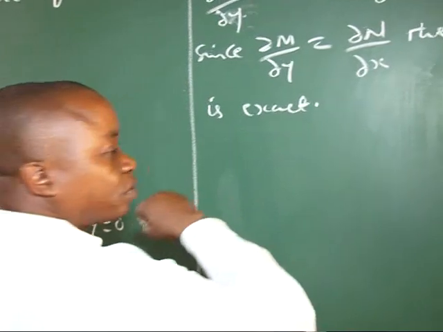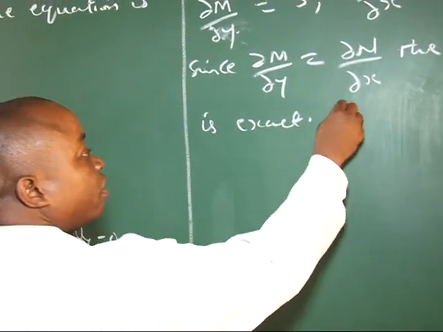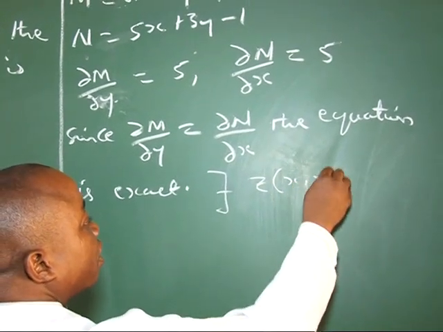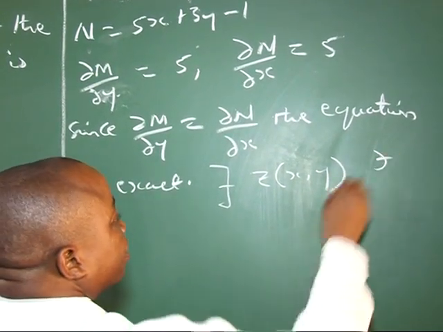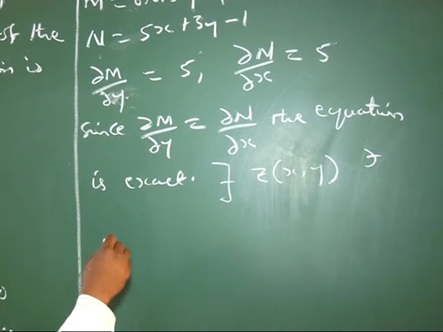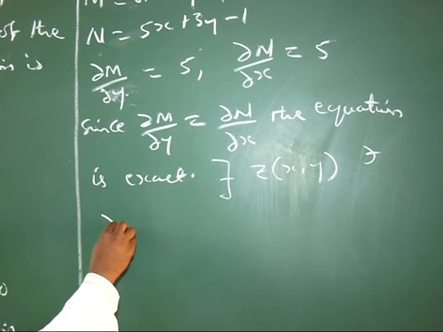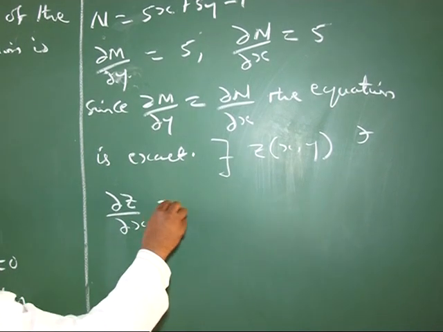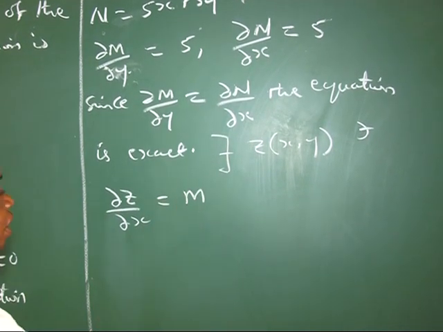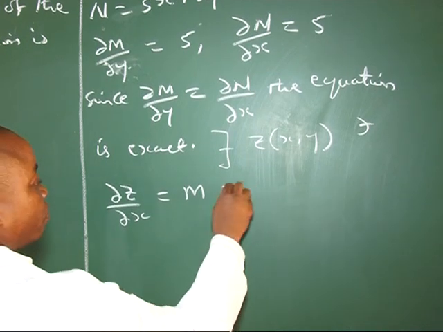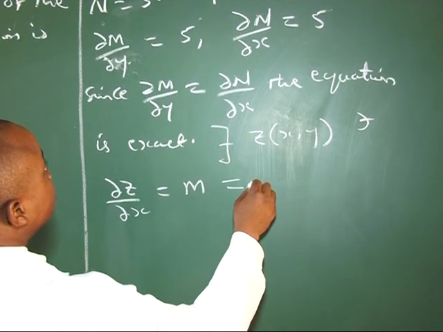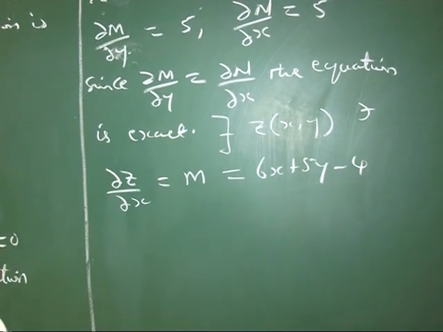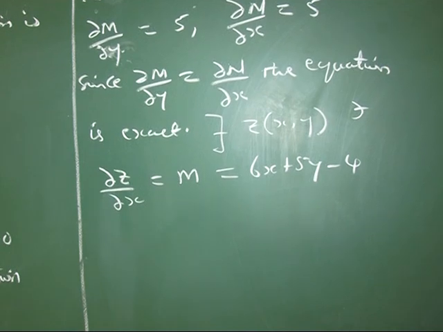Now the next, they said that we should solve. So there exists z of x, y such that partial z partial x is equal to M, which is equal to 6x plus 5y minus 4.